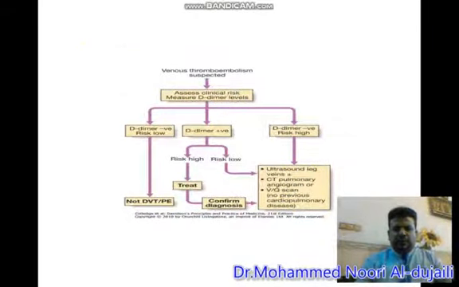So we show this diagram. If we have a patient with venous thromboembolism and send for D-dimer, if the risk score is low and the D-dimer is negative, it excludes the diagnosis. If the D-dimer is positive and the risk is high, we should treat the patient and then confirm the diagnosis.